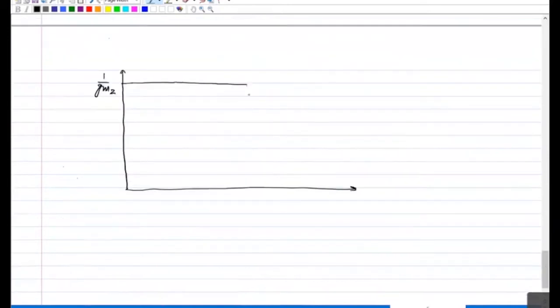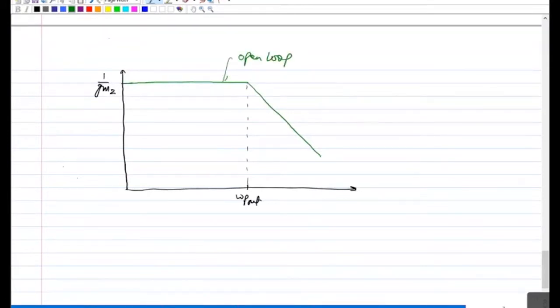Yeah. So this is your omega P out. Let me change the color. So this is your open loop.